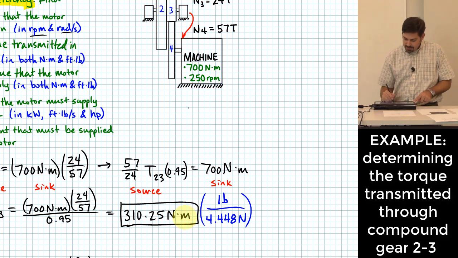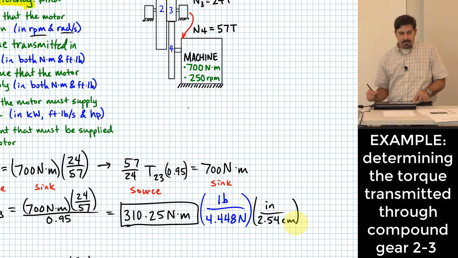So we're probably trying to get rid of these meters. So let's do like 2.54. Does that help me to put those in the denominator? Centimeters per inch. Okay. Does that do it for me yet?